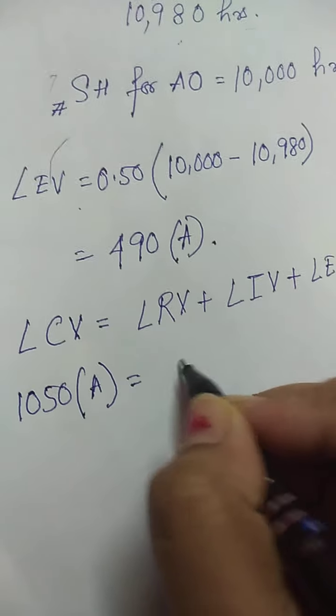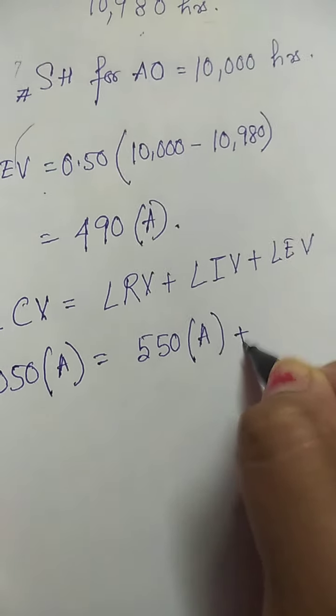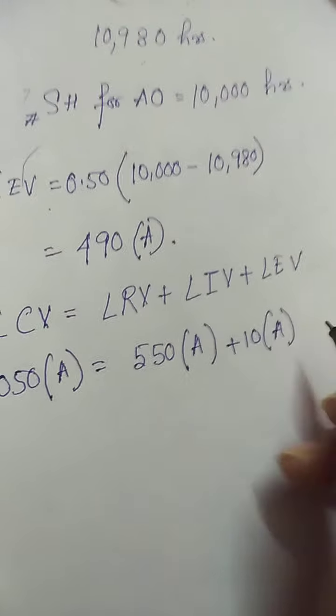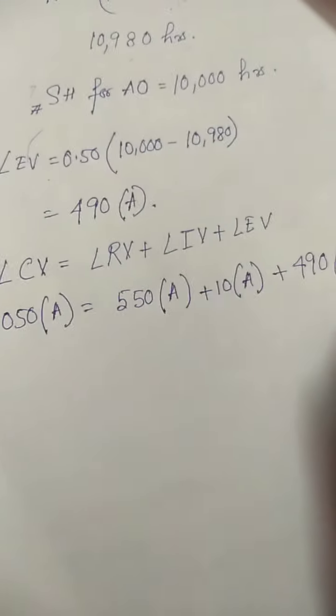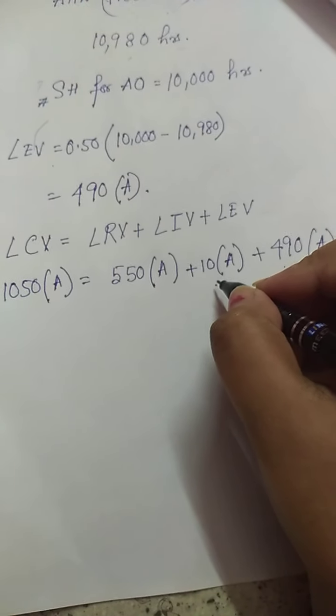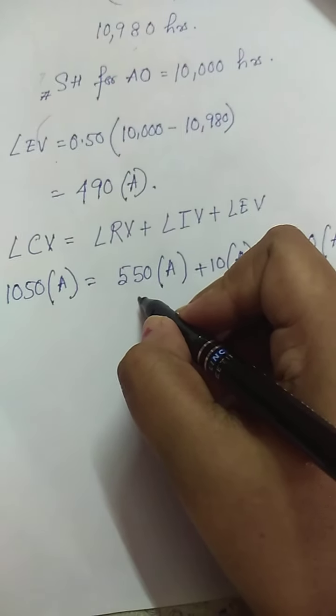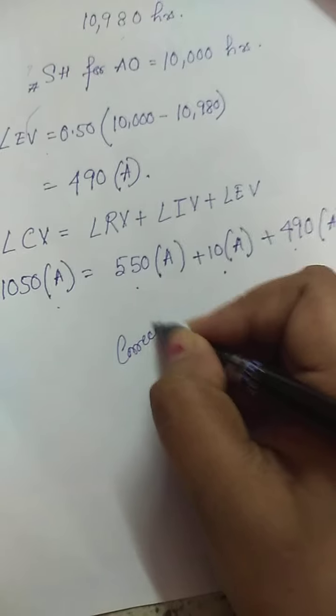Labor rate variance was 550 adverse. Labor idle time variance was 10 adverse. And labor efficiency variance is 490 adverse. So are both sides matching? 490 plus 10, 500 adverse. 500 plus 550, that means 1050 adverse. So both are matching. So our sum is correct.